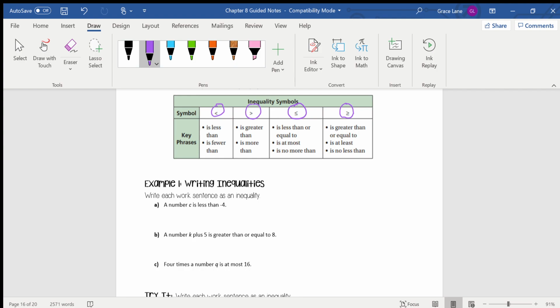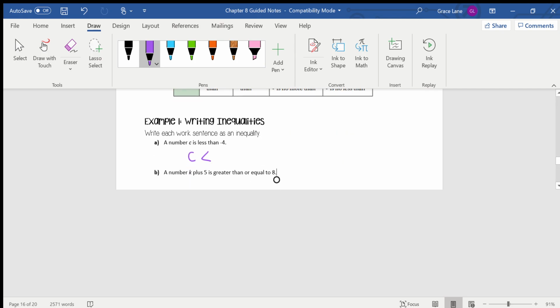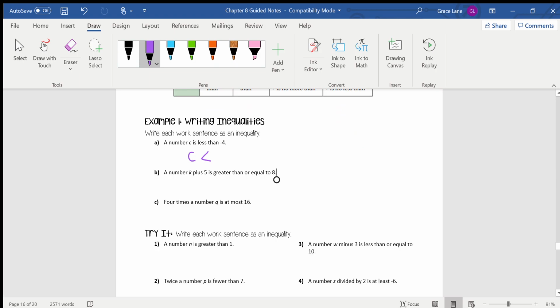So you're literally translating this into a mathematical sentence. So it tells you to use the variable C. So C, and then is less than. If you look at the chart up above, is less than is a keyword for the less than symbol. And so it says less than -4.